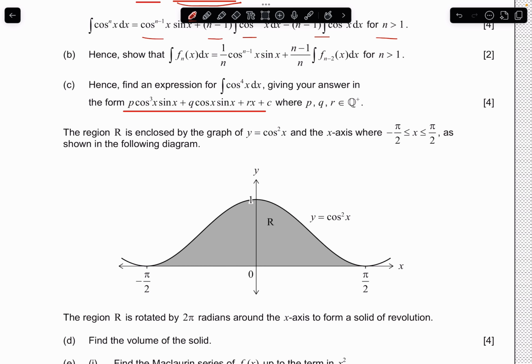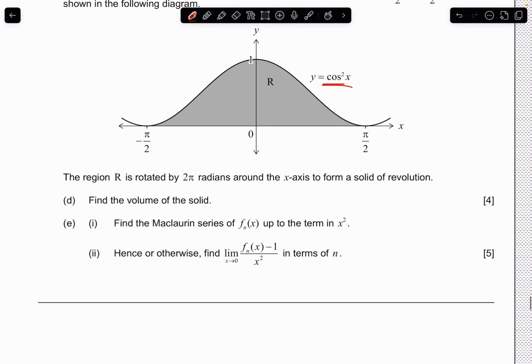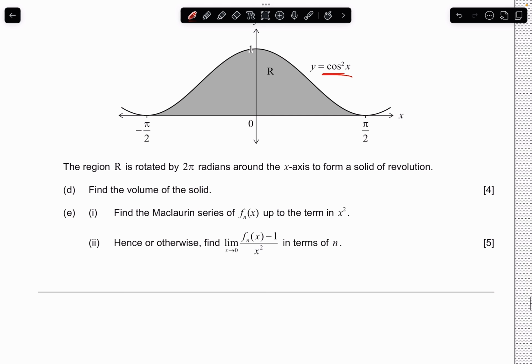And we have written it. You have to, I think, label what P, Q, and R are. The region R is enclosed by the graph of y equals cosine squared x and the x-axis, where minus pi over 2, and so on, as shown in the following diagram. Okay, this is the y equals cosine squared x diagram that we have here. The region R is rotated by 2 pi radians around the x-axis, so this is important.